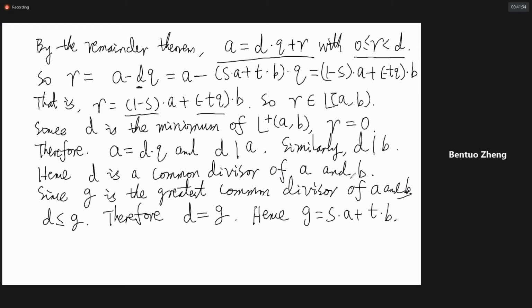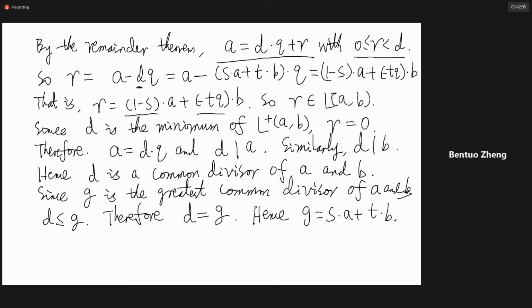Roughly speaking, the idea here is that you first look at the set of all linear combinations of A and B, and you take out those positive linear combinations. And the minimum of the positive linear combinations of A and B is exactly the greatest common divisor of A and B.